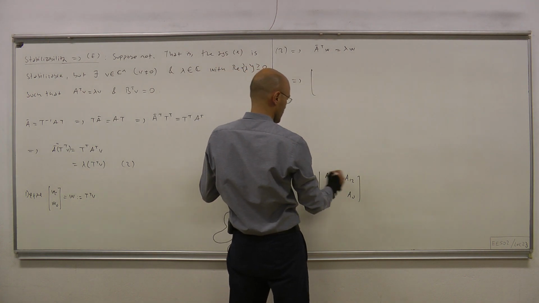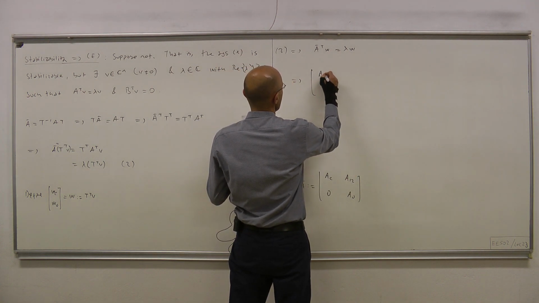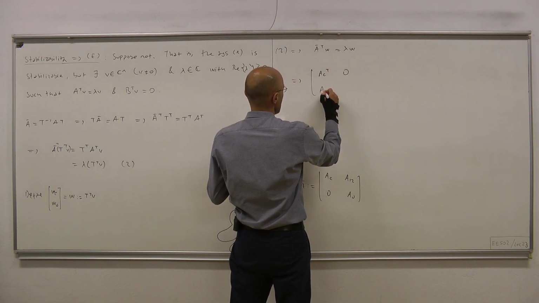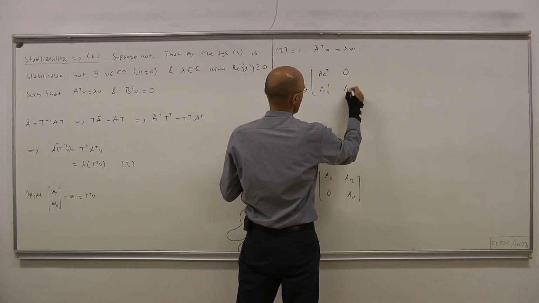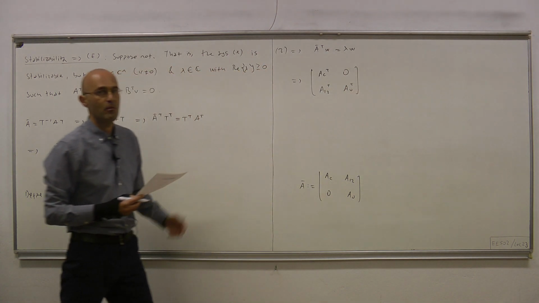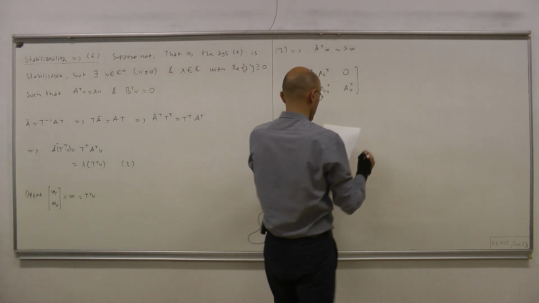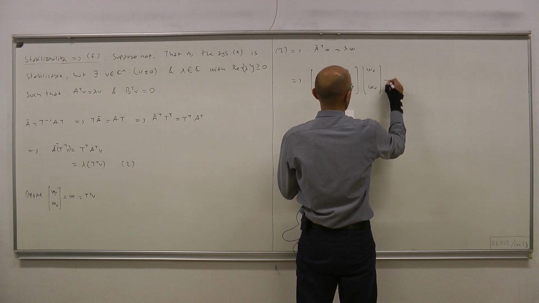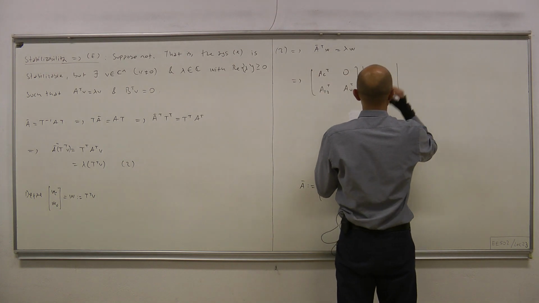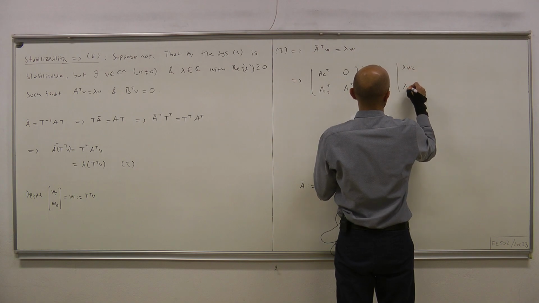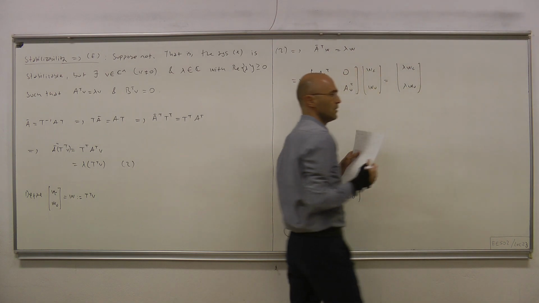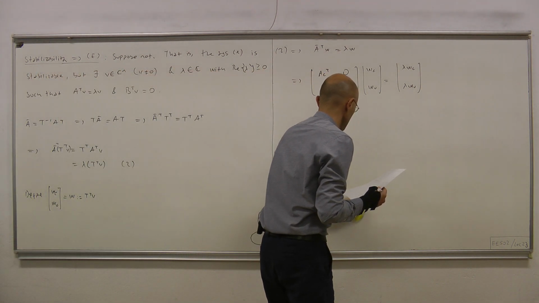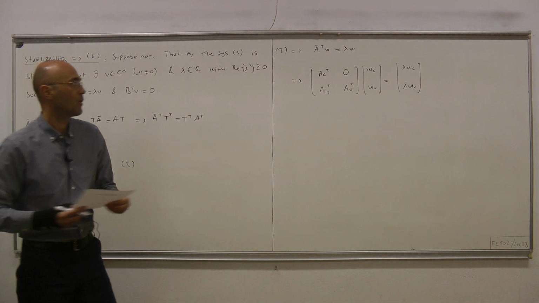If you transpose this matrix, what you have is A_C transpose, 0, A12 transpose, and here we have A_U transpose. So that's our A bar transpose times W, which is W_C, W_U, and equals lambda times W: lambda W_C, lambda W_U.